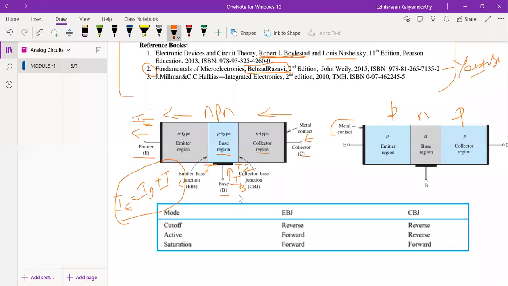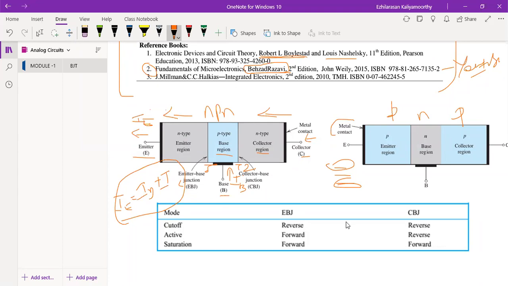Now we want to know that the BJT acts in three modes of operation, because normally the BJT can act as a switch or as an amplifier.